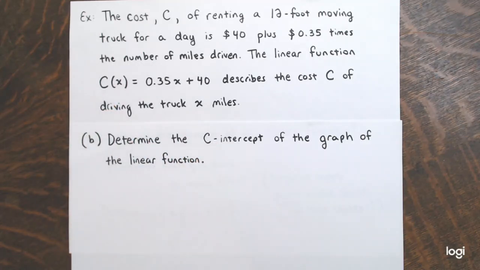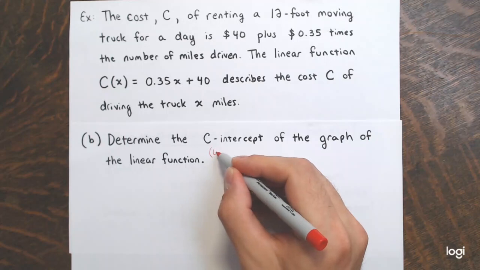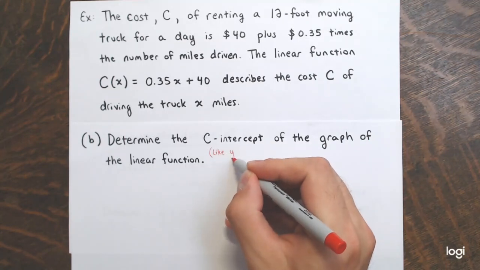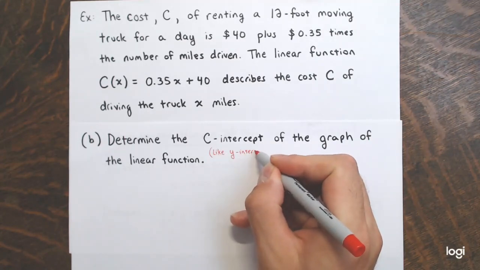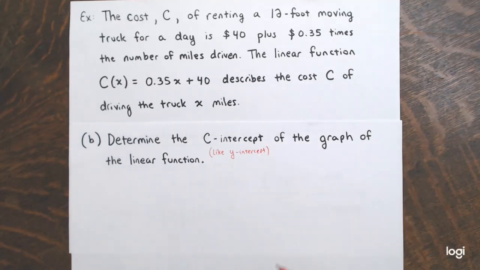So when they talk about determining the c-intercept, this is like the y-intercept. The point on the vertical axis on this graph of this linear function.